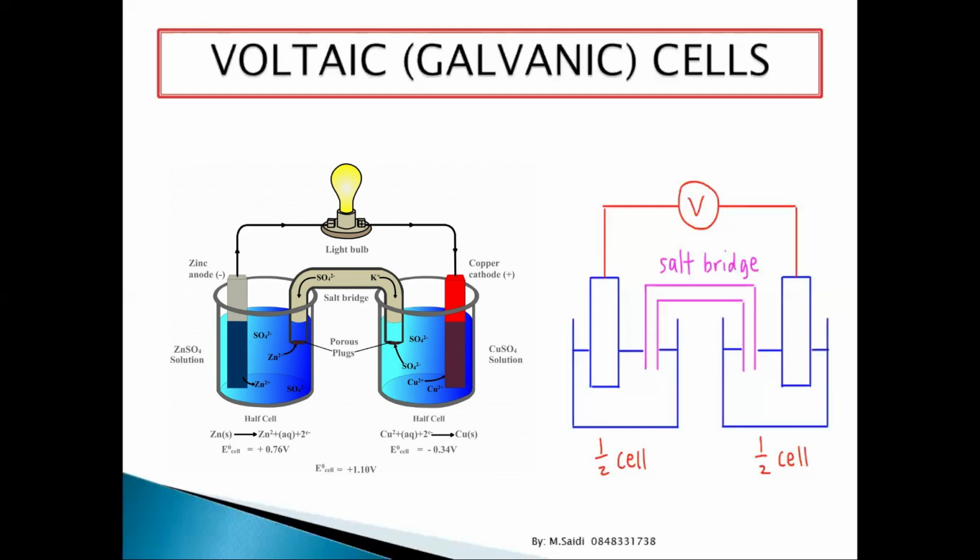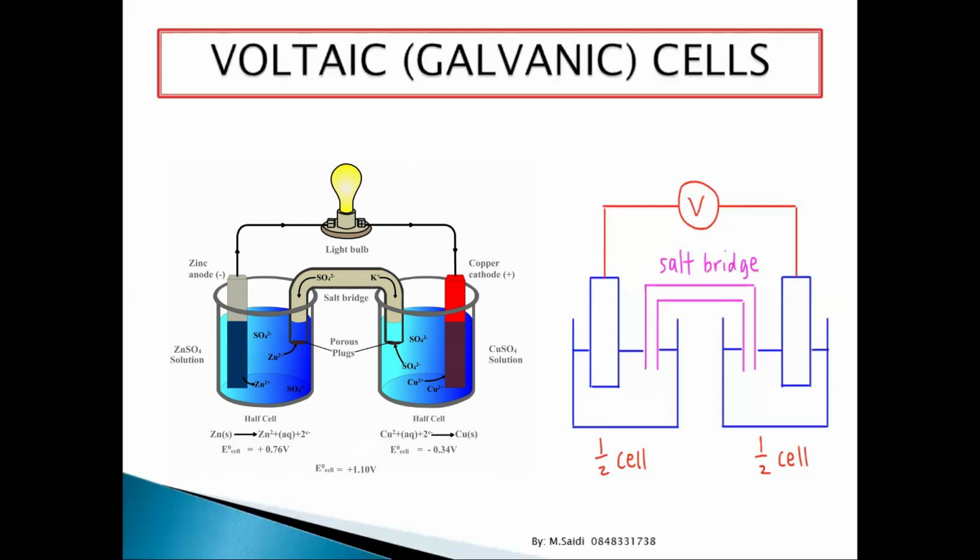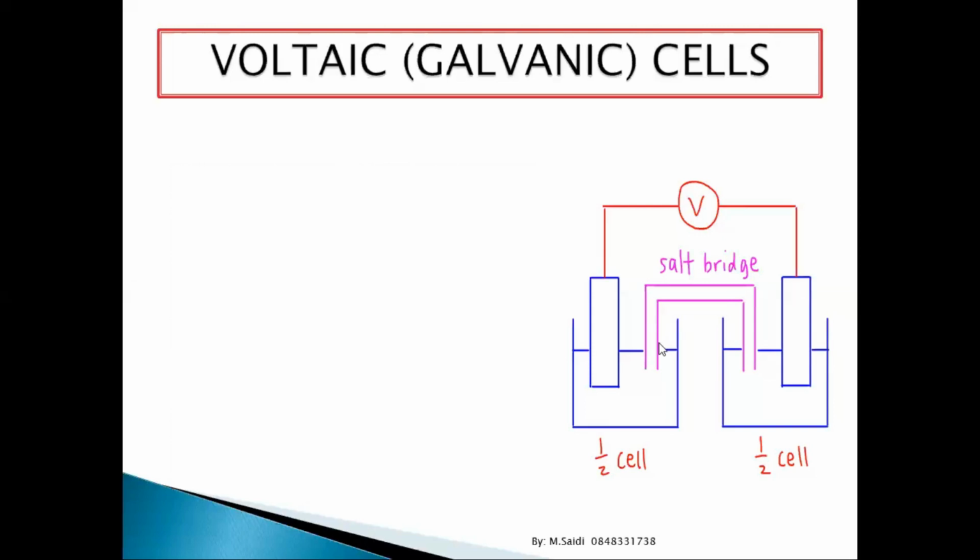And then the voltaic cell or the galvanic cell is the reverse of the electrolytic cell. A galvanic cell changes chemical energy into electrical energy. It means that it produces electricity. All right, let's start.